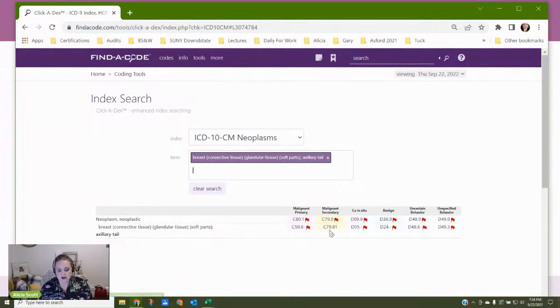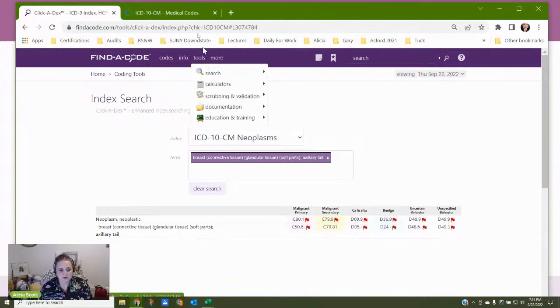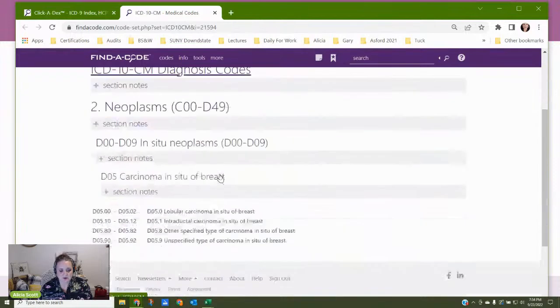I also have, just like in the manual, the secondary, cancer in situ, benign, uncertain, and unspecified behavior. Let's just say that it is cancer in situ. Let's click on this one and let's jump out and go look at it. And you can see how the code's built out.